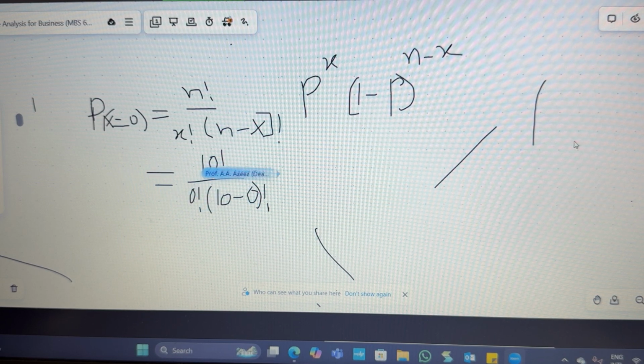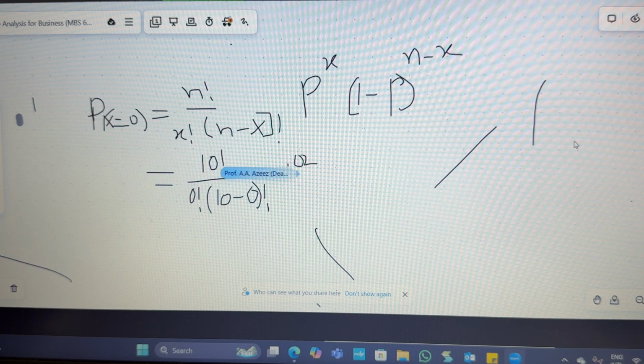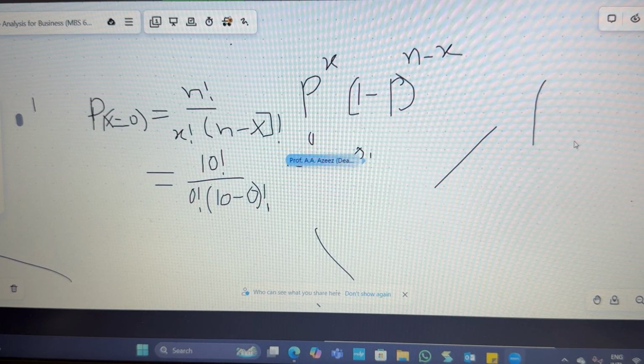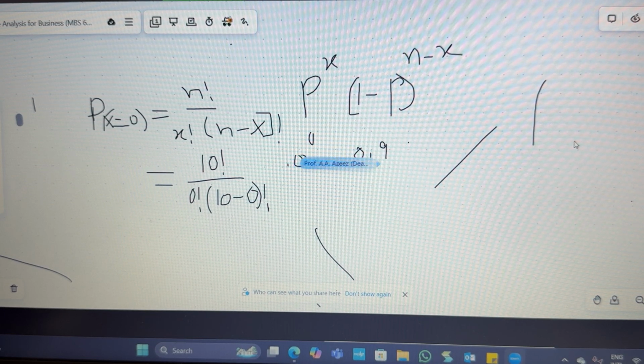Then p we know is 0.02 to the power 0, then 1 minus p is 0.98 to the power 10 minus 0.